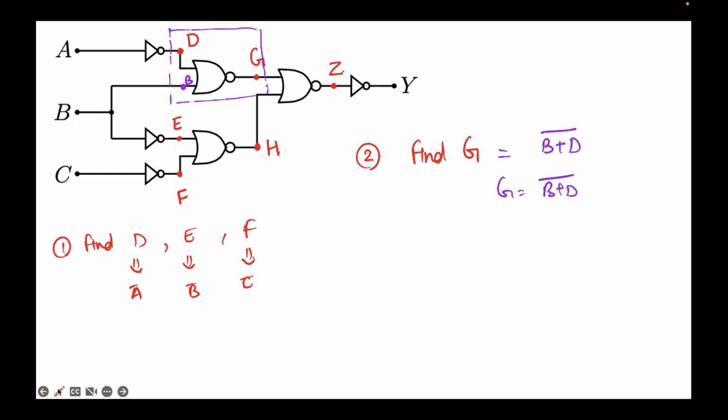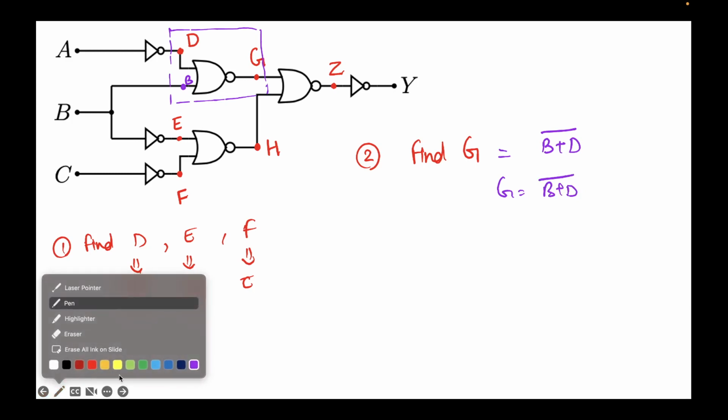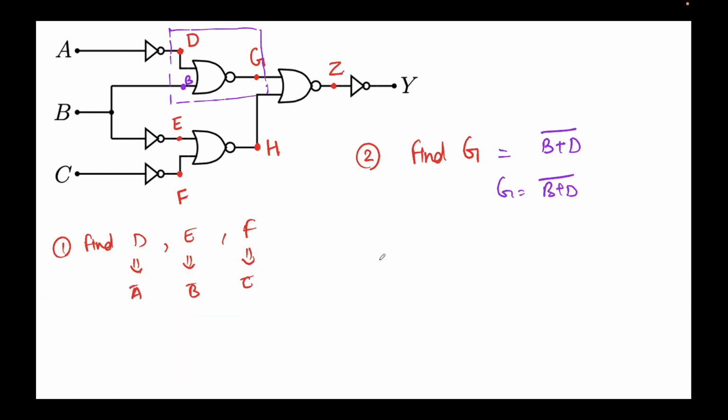And for the final thing, in orange, I'll find H. How do we find H? We look at the bottom NOR gate, this fellow. So H will be equal to the NOR output of E and F, so it will be E plus F whole bar.